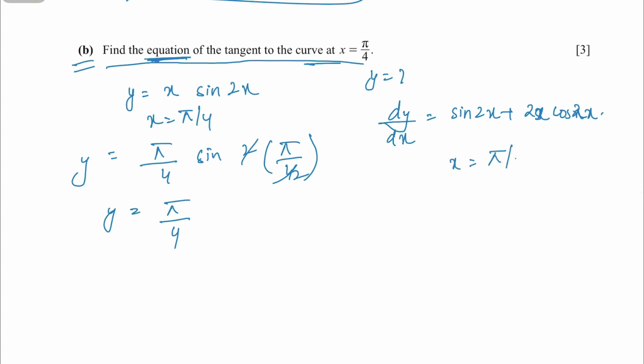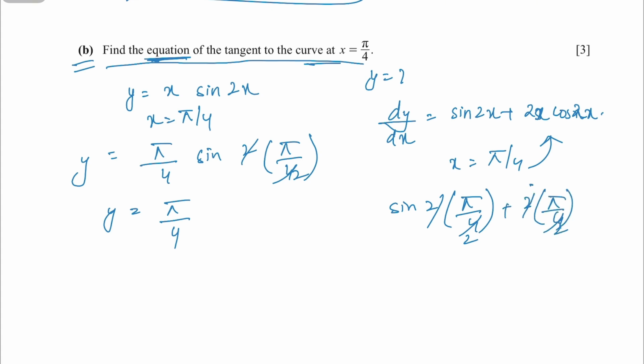Substituting x equals pi/4, sine 2 pi/4 is simply 1, plus 2 pi/4 cos 2 pi/4, and cos 90 is simply 0. So we'll get our final answer as 1.